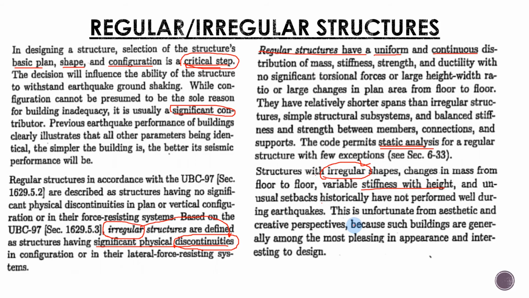So this is unfortunate from aesthetics and creative perspectives because such buildings are generally among the most pleasing in appearance and interesting to design. Okay, so mao gid, ang uban good para sa mga architects, so ambitious man jud, gusto jud aesthetics then creative perspectives pod jud. Pero normally sad to say dili gid tanan pwede ma-go.